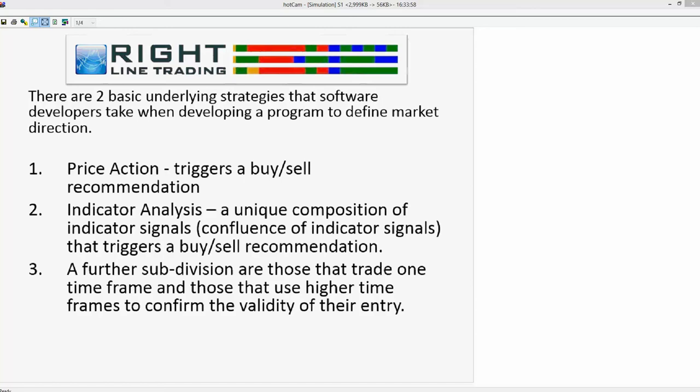Then there are those that use indicator analysis, and they believe that there is some unique composition of indicator signals whereby, say, they can trigger a blue dot buy to go long or a red dot signal to go short. And that provides you with a positive predictive value again.